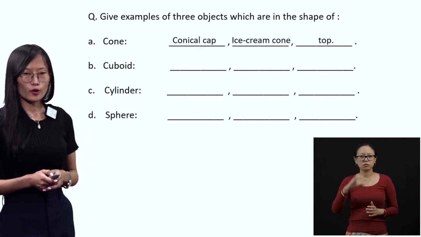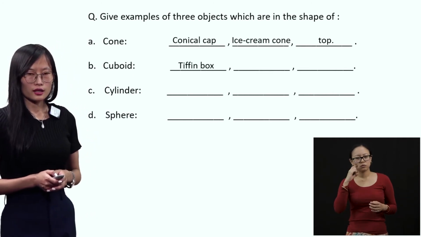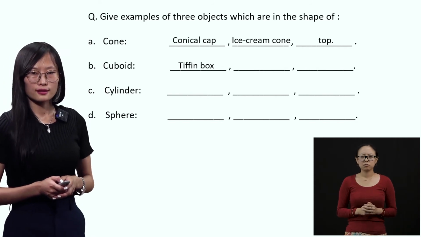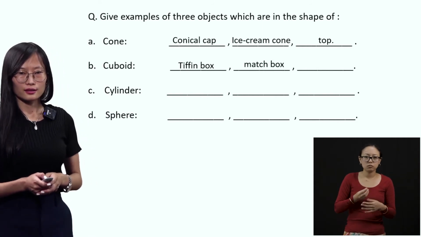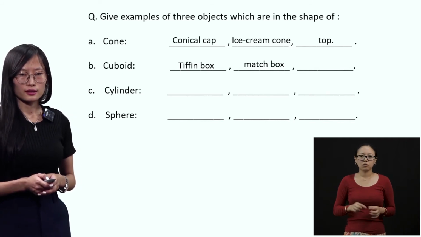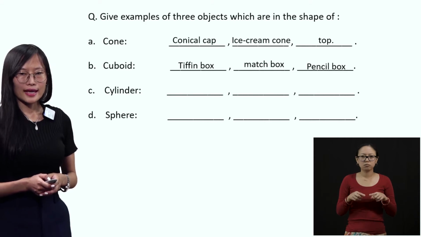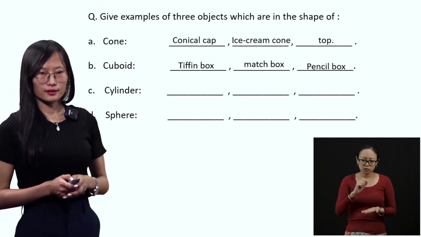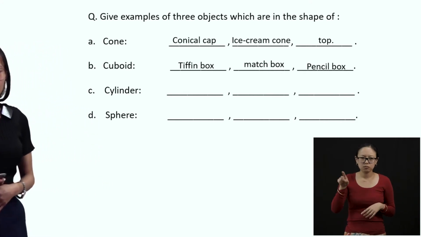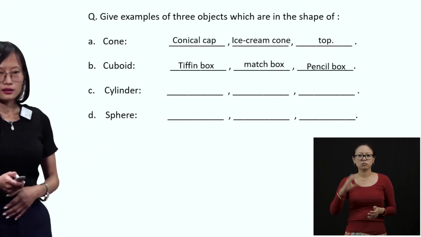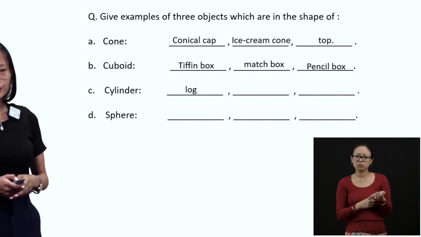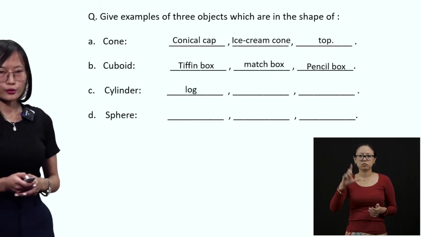Now you have cuboid. Cuboid will be a tiffin box. Next you have a matchbox. Next you have a pencil box. Cylinder. Here for cylinder you have a log, a cylindrical shape, a round log, you know, right?